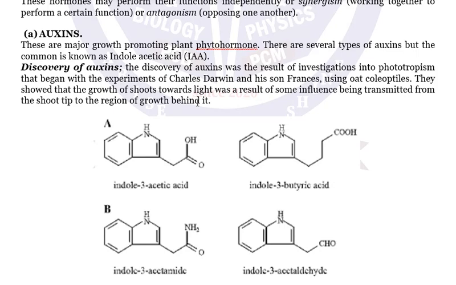What Charles Darwin and his son discovered is that the growth of the coleoptile depends on a certain chemical substance which is probably produced in the coleoptile, although they didn't have devices to prove that.